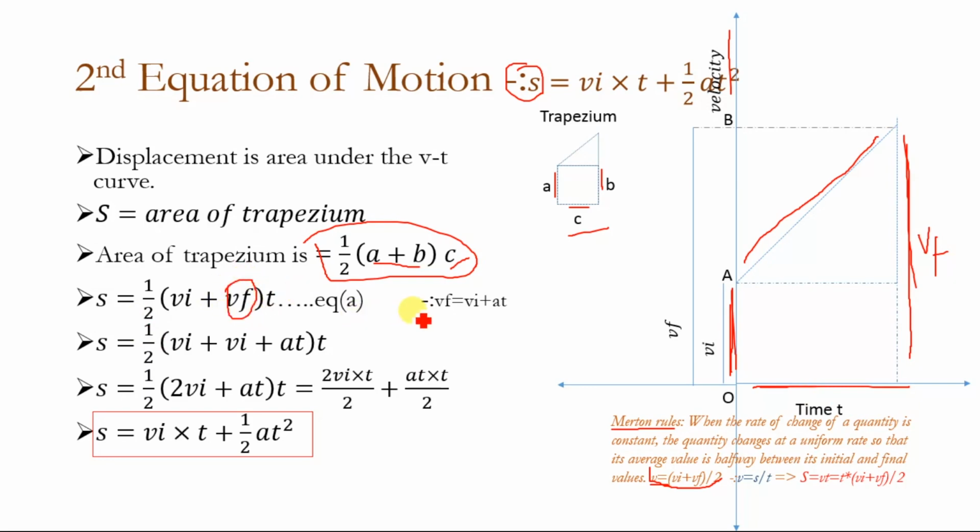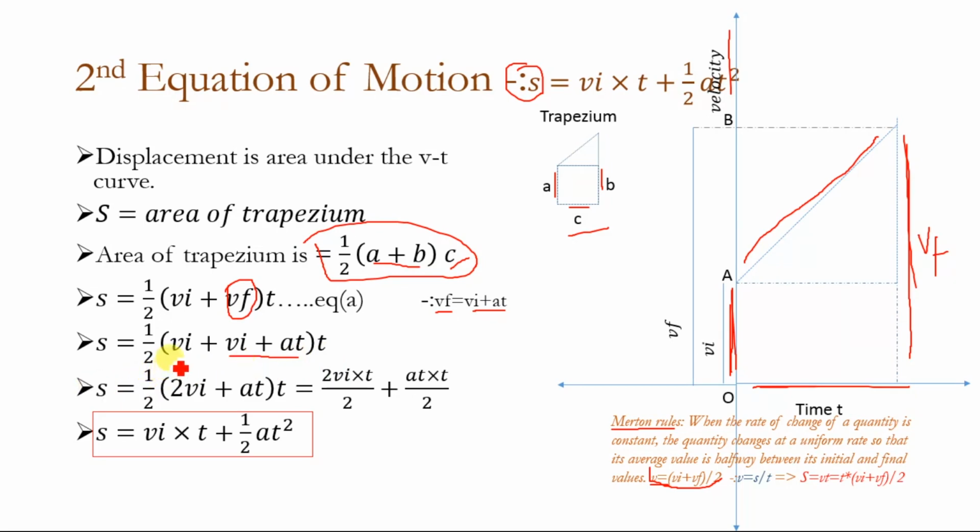According to the first equation of motion, Vf is equal to Vi plus At, or final velocity equals initial velocity plus acceleration times time. So putting the value for Vf, we will get S is equal to 1 over 2 into (Vi plus At) into t.